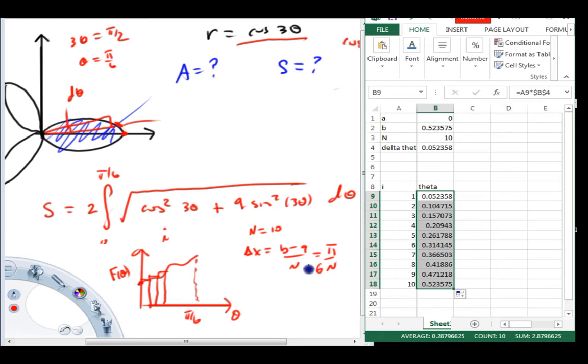Okay. Now, the way I've set this up is very similar to my picture. This gives me the right-hand side of every one of these rectangles. I will get a better estimate if I use the midpoint rule and set this up to give me the center of the rectangles.